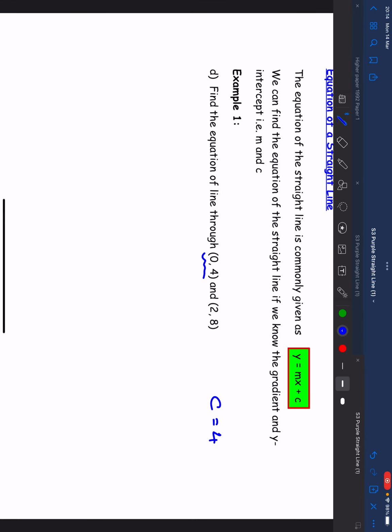We've got the y-intercept, now we need to find the gradient. Again, use your gradient formula, and label your points first. So this will be x1, y1, x2, y2. The gradient is equal to y2 minus y1 over x2 minus x1.